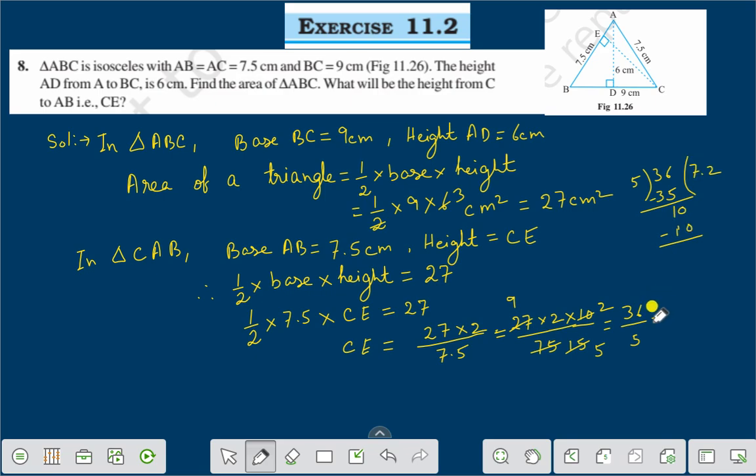That is, CE is equal to 7.2 centimeter. Right? Therefore, you can write that the length of CE is equal to 7.2 centimeter.